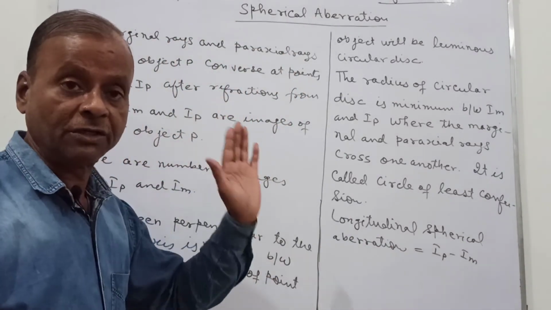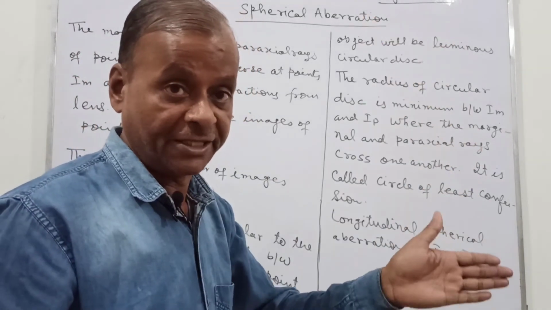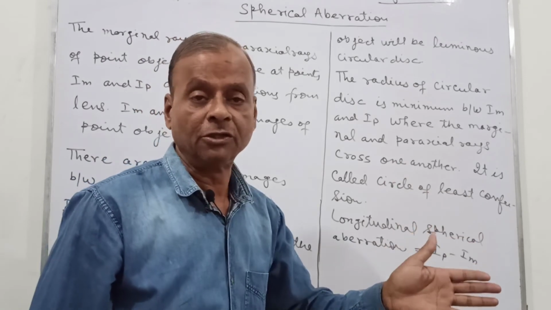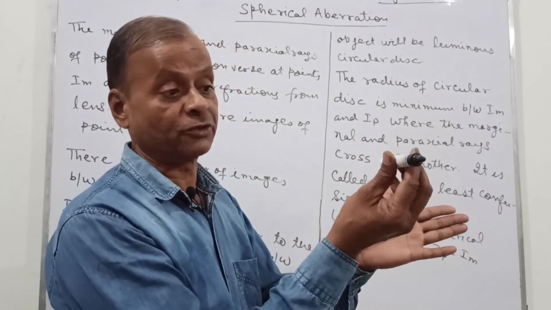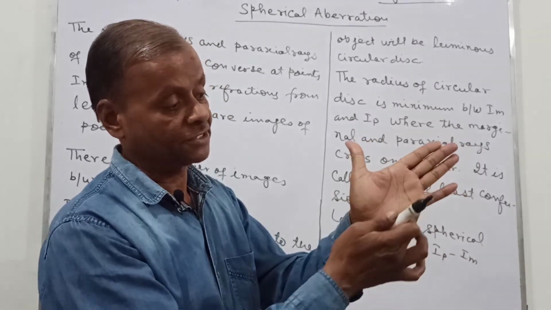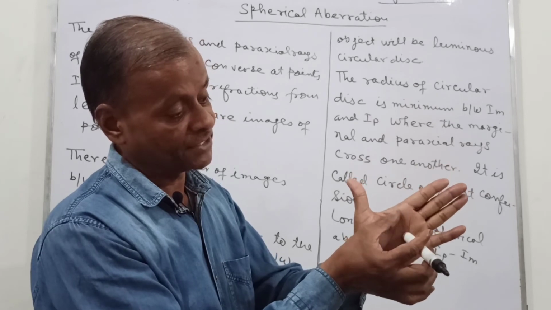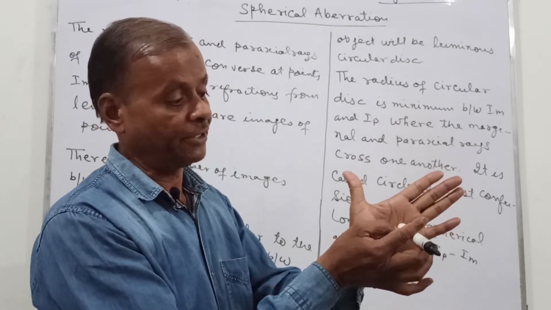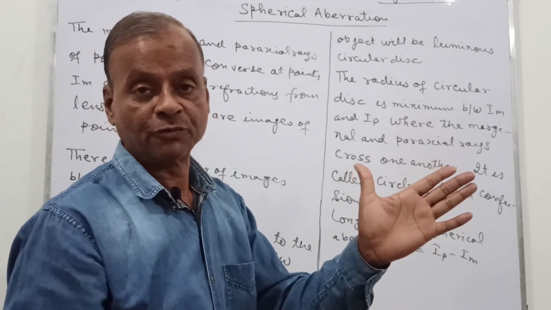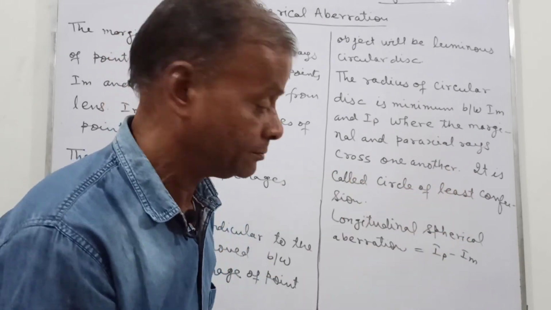And there is the transverse spherical aberration also, because the ring that is formed is perpendicular to the principal axis. Suppose the principal axis is like this, and this is the circular disc. So this radius is perpendicular to the principal axis, and because of that, it is called the transverse spherical aberration.